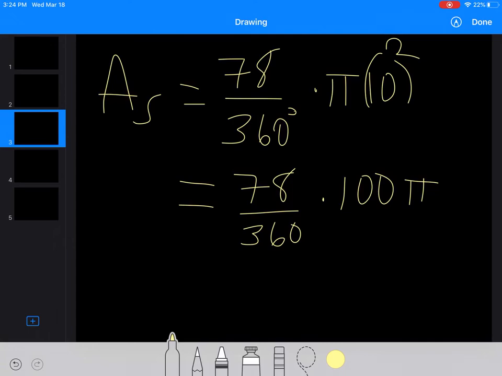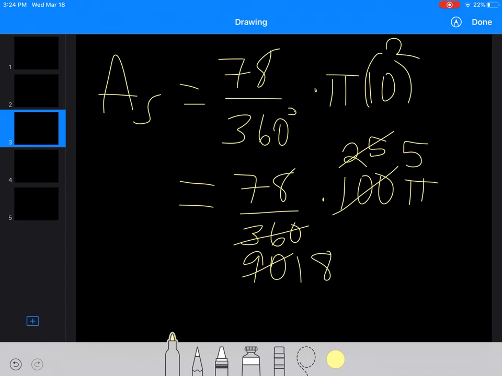Let's see, we can divide that by 4 to get 25. Divide that by 4 to get 90. We can cross cancel. That's divisible by 5. That's divisible by 5. So it's going to be 5 left over. 90 divided by 5 is 18.